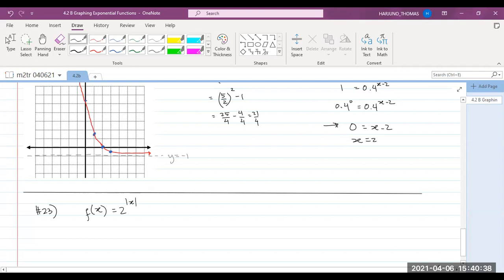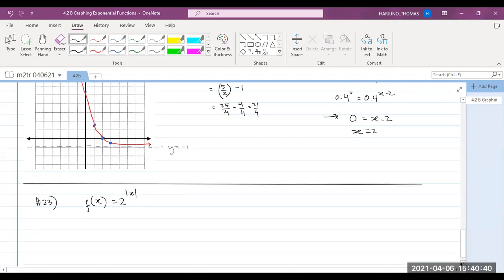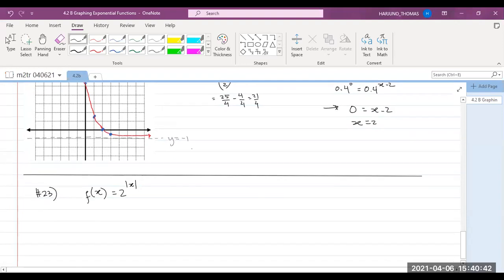Now, this goes back to the very basic about absolute value. We know that absolute of x is equal to x when x is at least 0, equals to negative x for x less than 0.